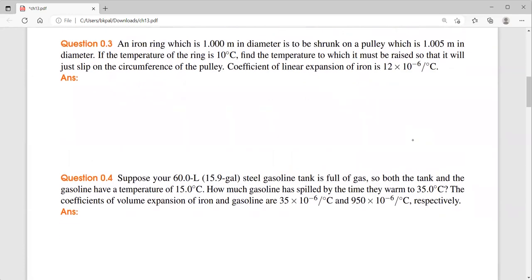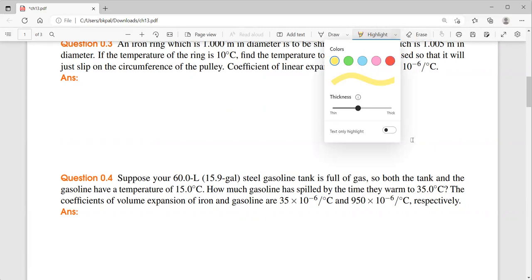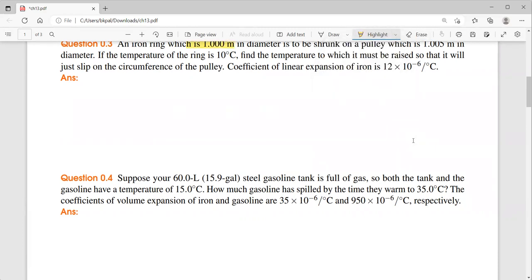Next, again, it is linear expansion. Here we are given an iron ring whose diameter is 1 meter.